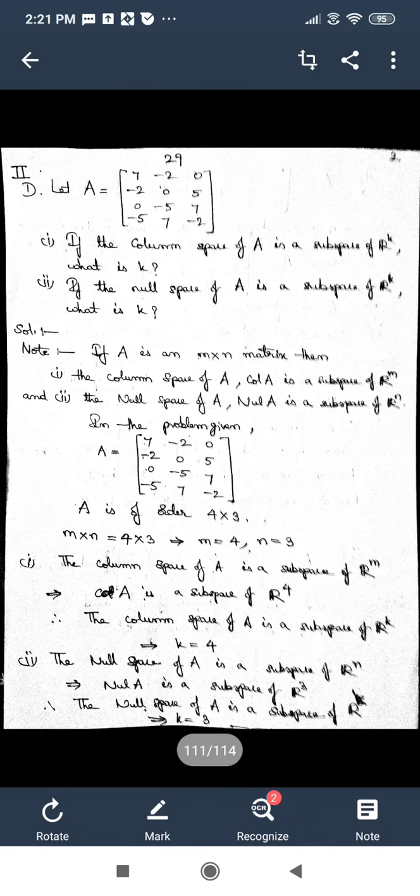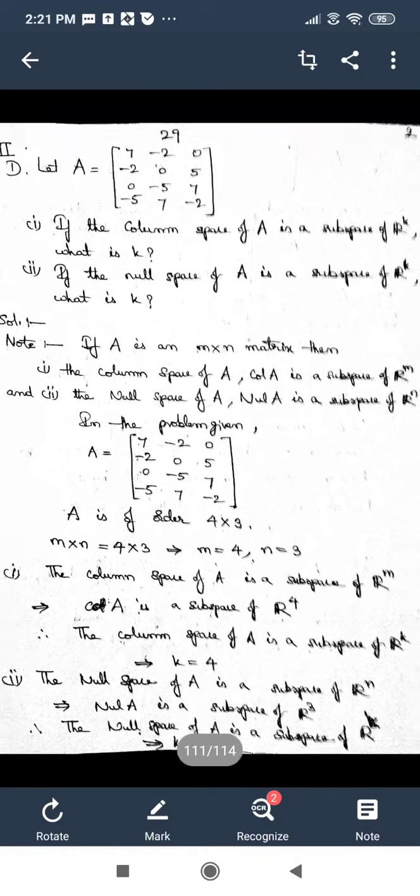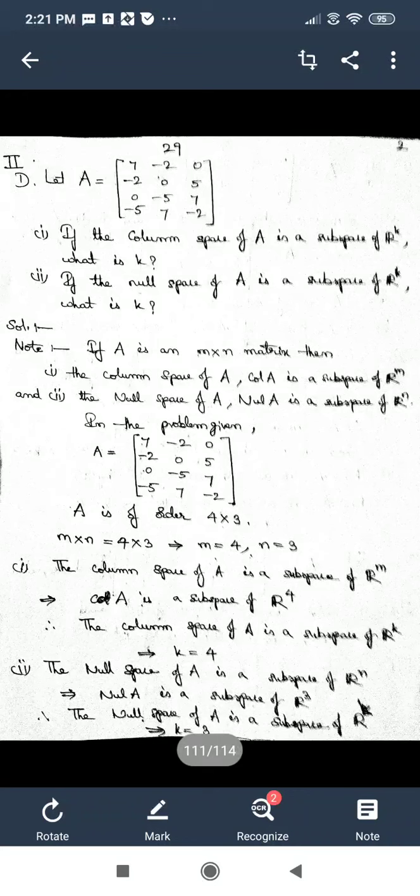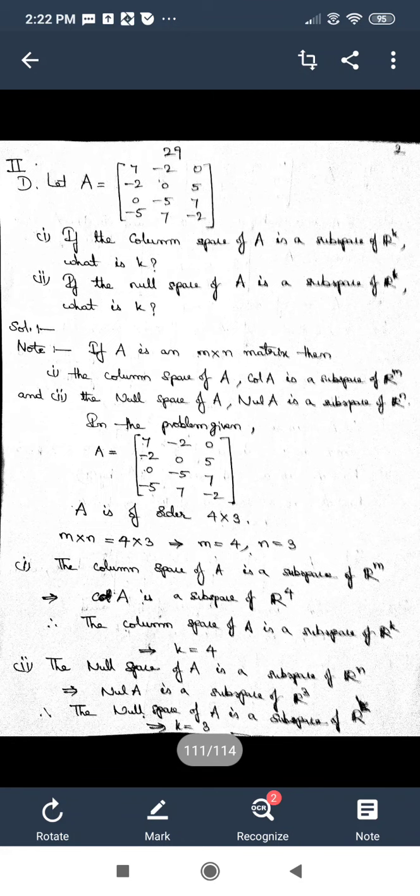Now to give the answer for the first bit, we consider the above note point and can write that the column space of A is a subspace of Rm, which implies Col A is a subspace of R4, as here the m value is 4, that is the number of rows in the given matrix is 4, and hence by the above note Col A will be a subspace of R4.